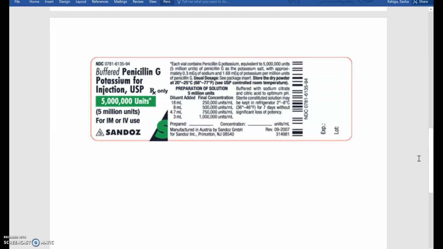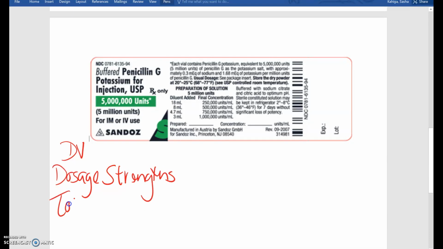All right. So again, when I look at this label, the label only tells me what my diluent volume is, what my multiple dosage strengths are, and it also tells me what my total dosage is.